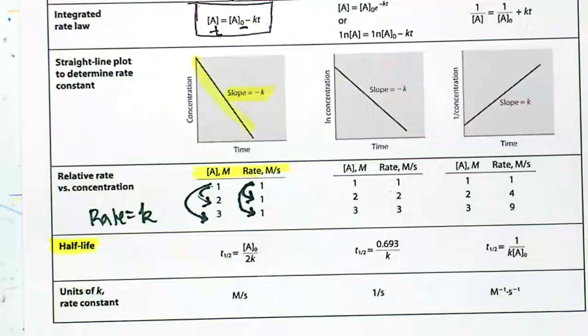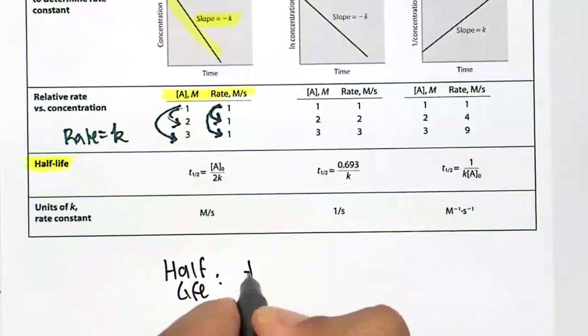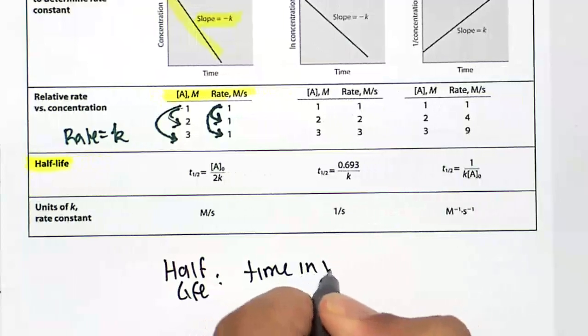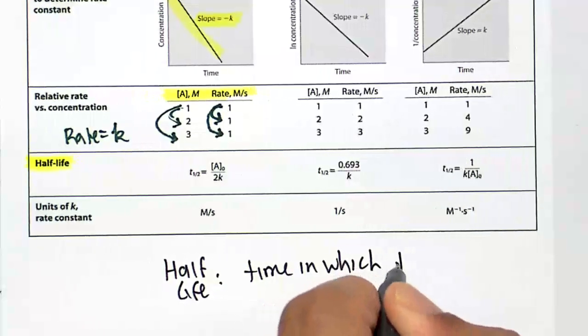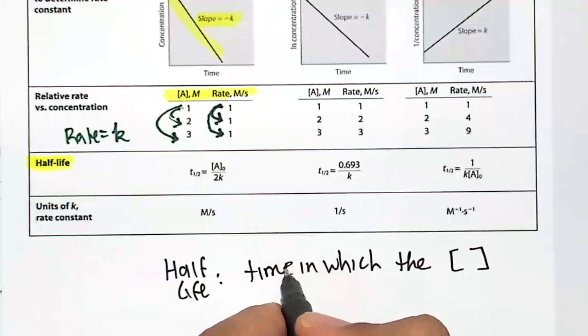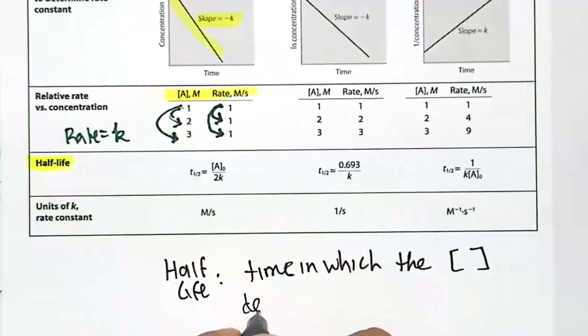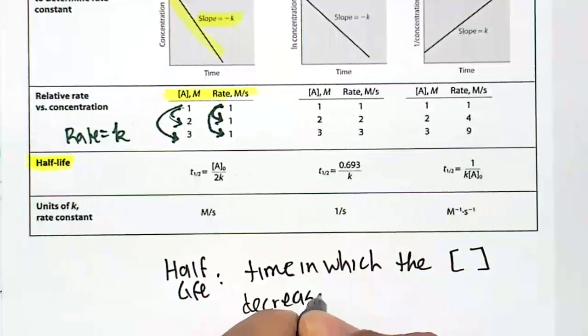So it's a decay, a time in which the substance loses 50% of its concentration. It's a time in which the concentration decreases by 50%.